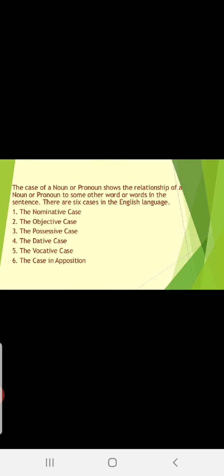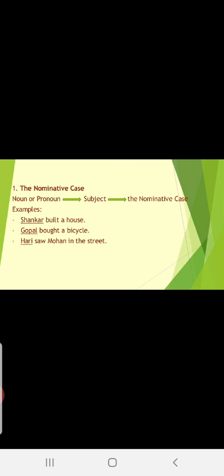Let me explain you with regard to each case. Each case is quite very particular about the relationship between the noun or pronoun and rest of the words and also sentence. The nominative case, noun or pronoun, subject. See, normally in nominative case, it gives you the answer for who.